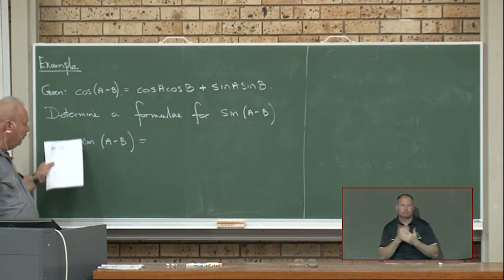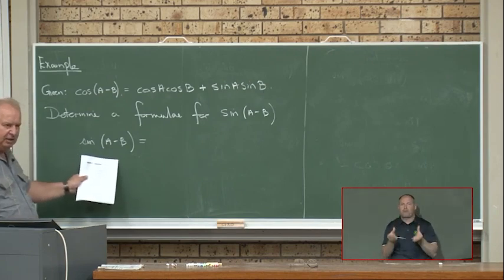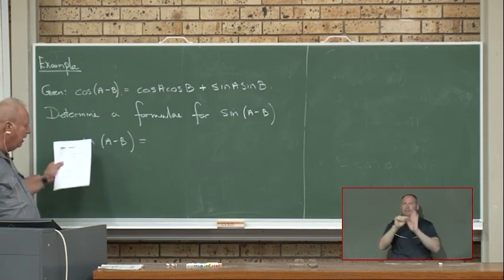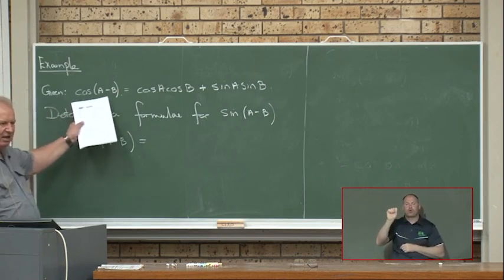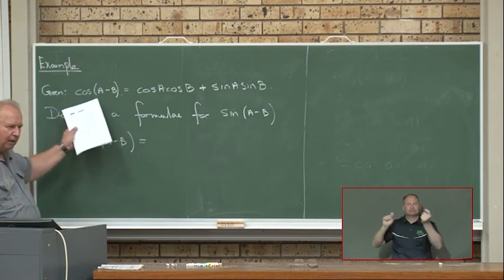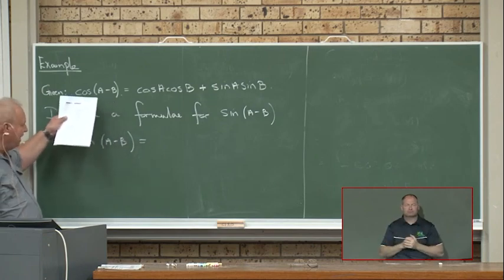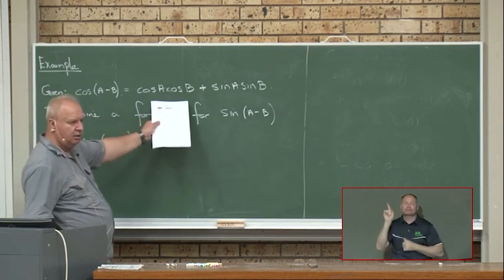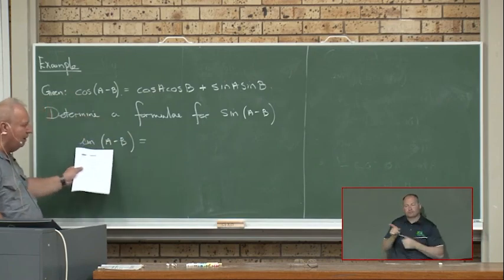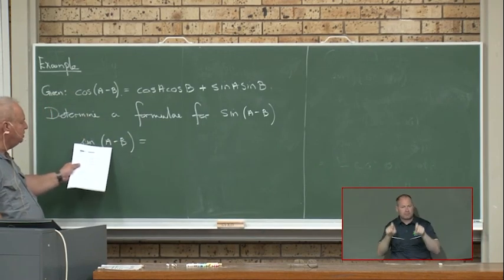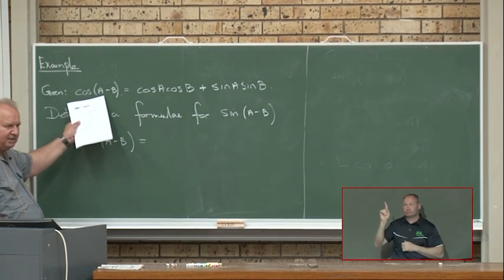People, we got to find a formula for the sine of A minus B. But what do I need to do? I need to change this to a cos of an angle minus an angle. Because then I can just use this. Do you understand? So to find a formula for the sine of A minus B, I must change it to the cos of an angle minus an angle.